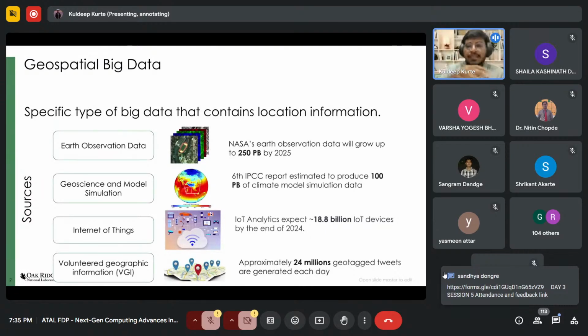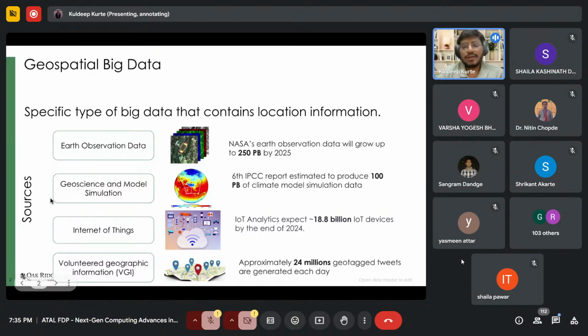Now, on this slide, just to set up the foundation for today's talk, I'm presenting some of the data sources from where we can gather the geospatial data, and some of the recent facts that give us the perspective about the quantum of information that typically we, or the organizations or the societies, generate or collect.